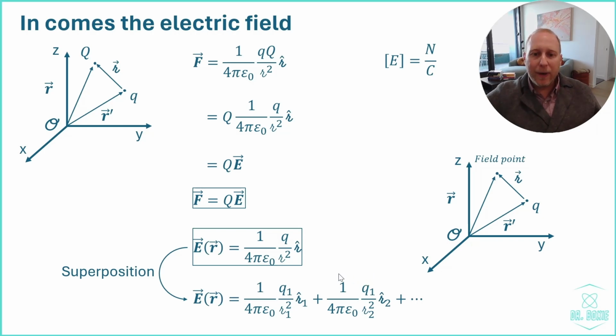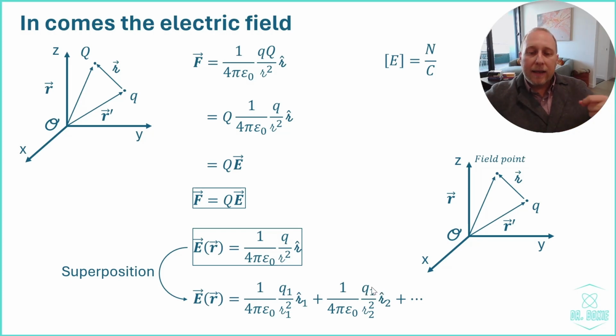And so the way we think about this electric field is the following. Every source charge creates an electric field all around it, given by this expression here. If there are many source charges, each of them creates an electric field, and we can just take a vector sum of all these electric fields to know the electric field at every point in space.